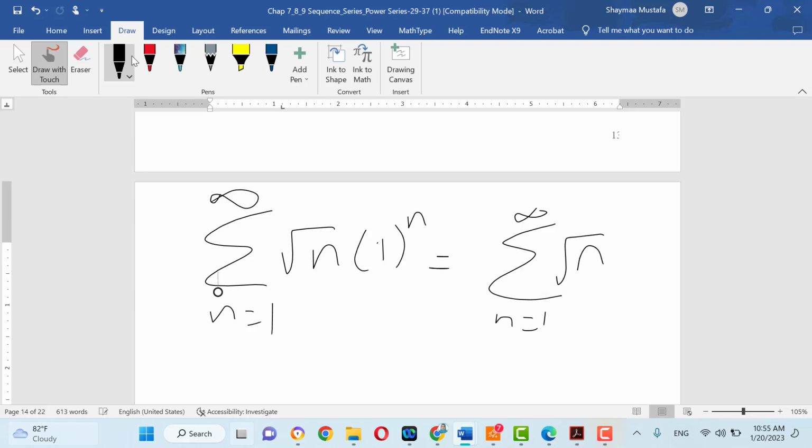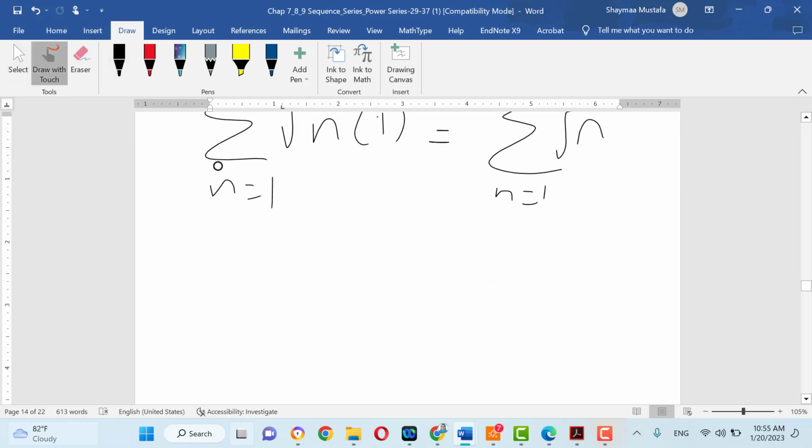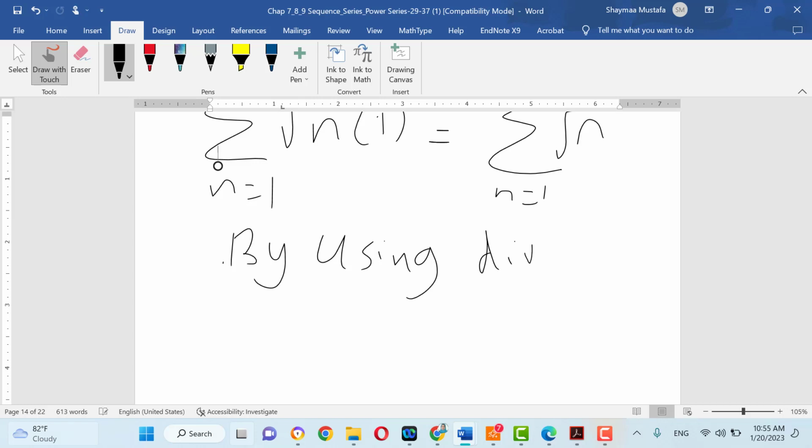We need to check whether this series converges or diverges by using the divergence test.